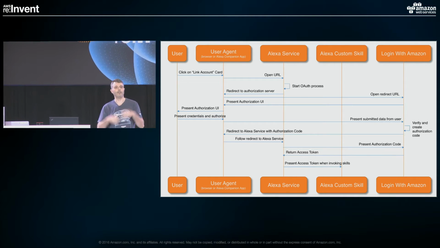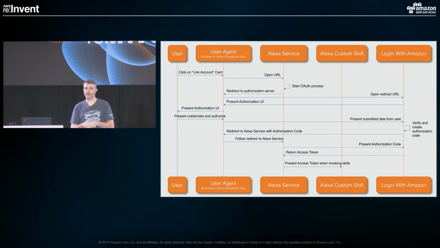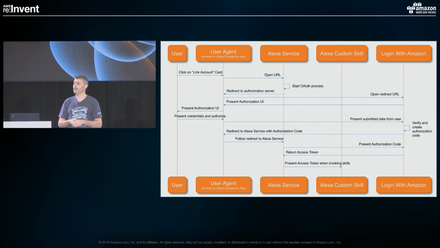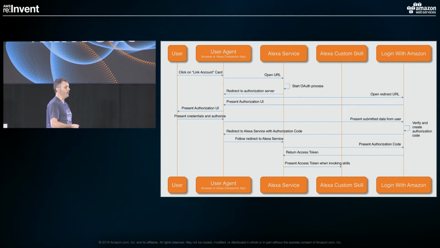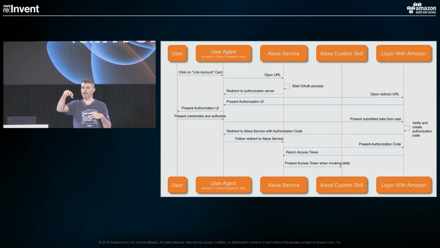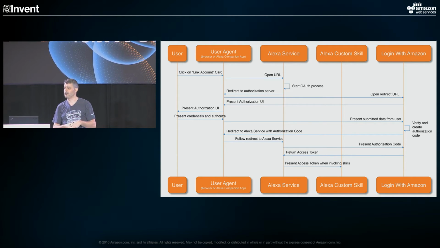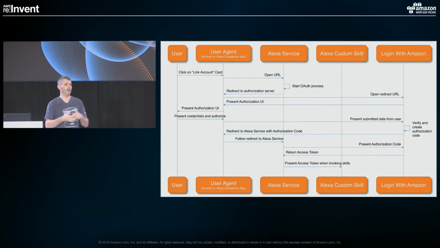So Alexa in the cloud receives just a code, not the OAuth token, just a code. And with that code, we'll make a second API call to your IDP saying, hey, I just received a code. Can I receive an OAuth token for that code? And that exchange happens on the back end. It's not going through the user agent. It's not going through the web interface. So the OAuth token is never exposed to your customer. It's something that happens only in the back end.